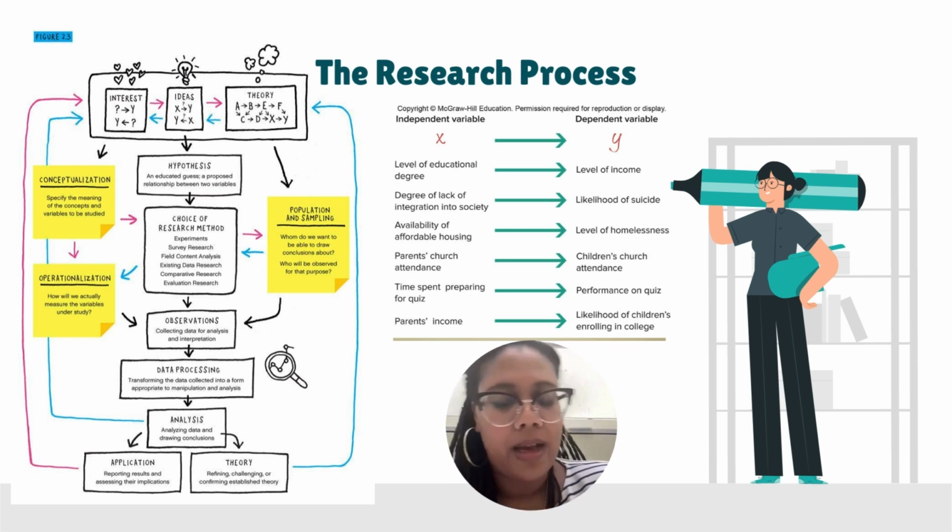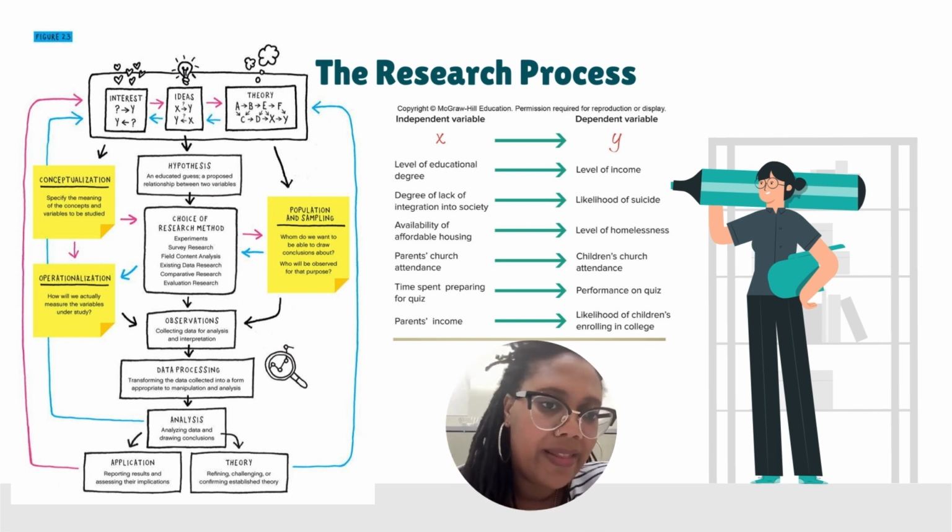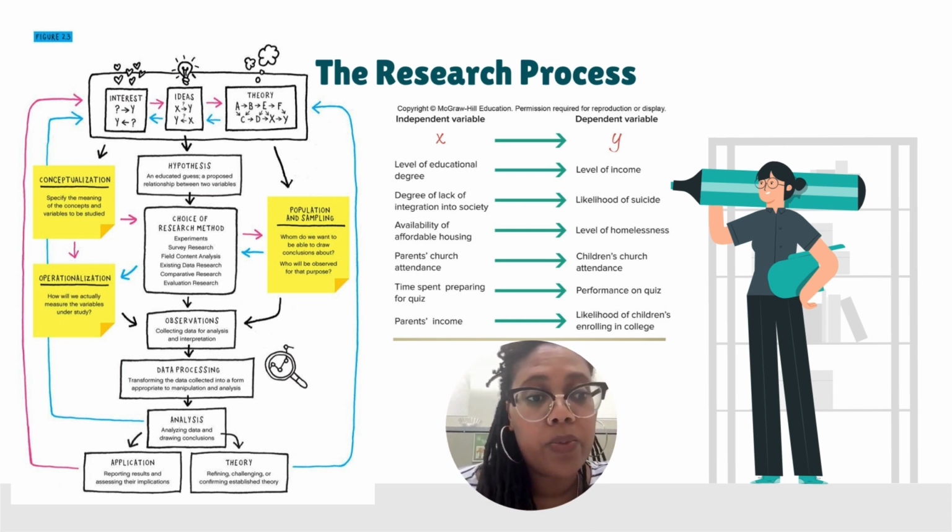And then the exact opposite for the dependent variable, and that it depends on the independent variable. And so it's the one we're looking for change in as a result of our manipulation of the independent variable, right? So again, the researcher believes that the independent variable predicts or causes changes in the dependent variable.